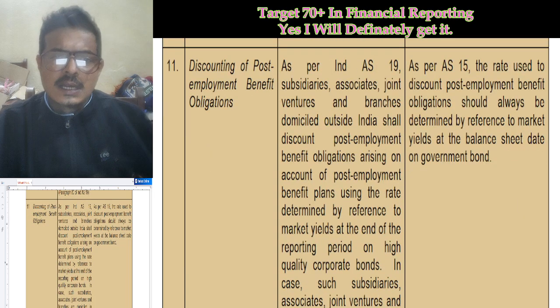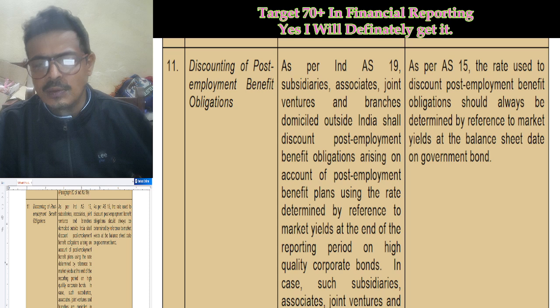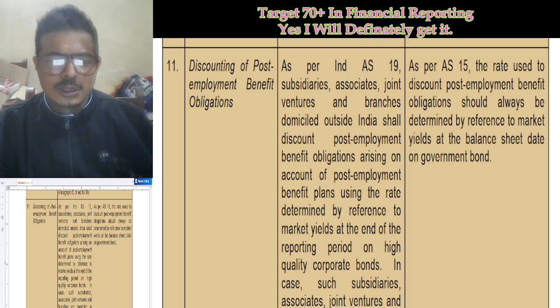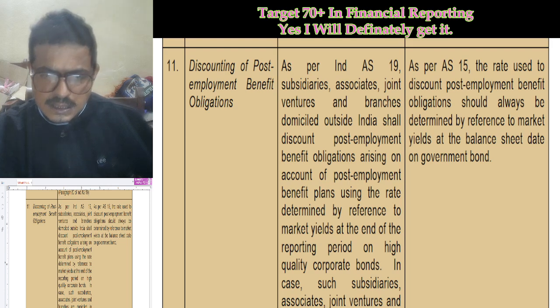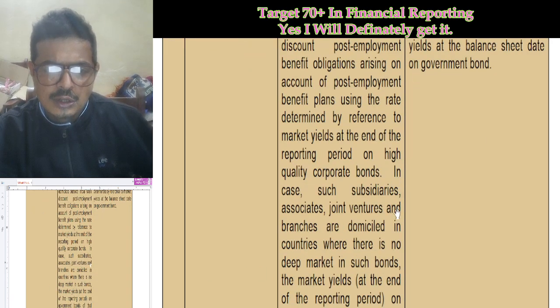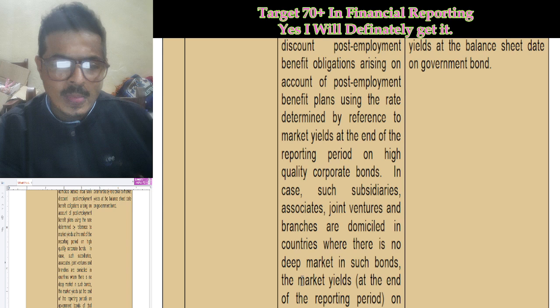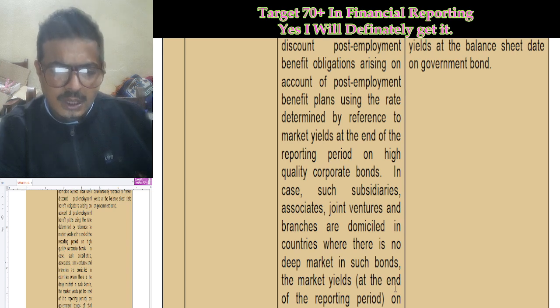As per Ind AS 19, subsidiaries, associates, joint ventures, and branches domiciled outside India shall discount post-employment benefit obligations arising on account of post-employment benefit plans using the rate determined by reference to market yield at the end of the reporting period on high-quality corporate bonds. In cases where such entities are domiciled in countries where there is no deep market in such bonds, the market yield at the end of the reporting period on government bonds of that country shall be used.